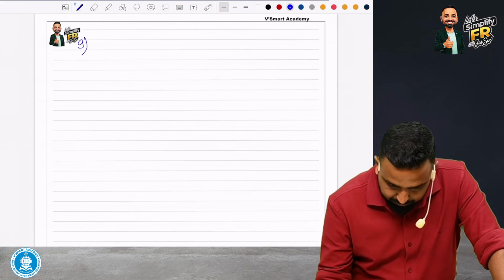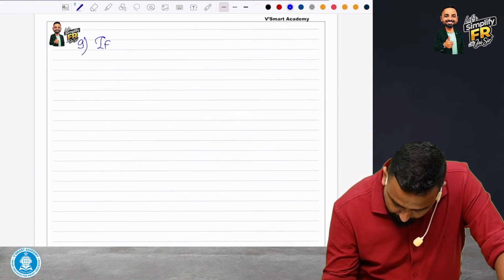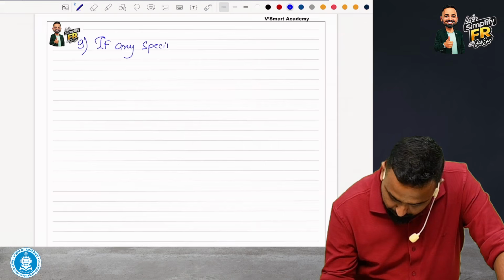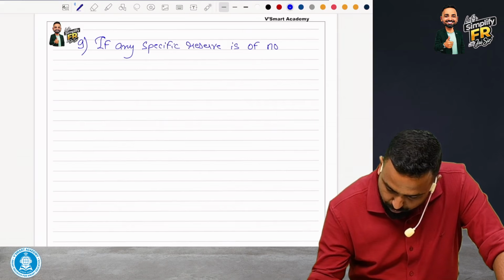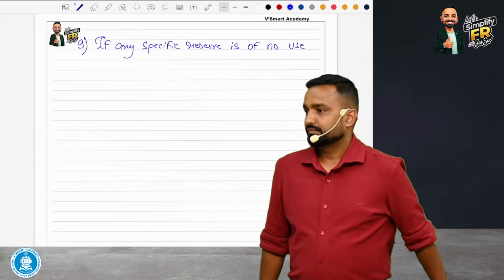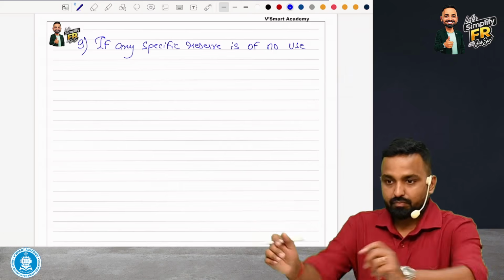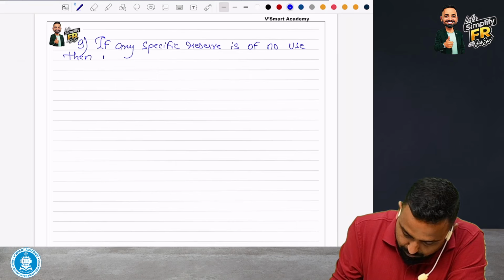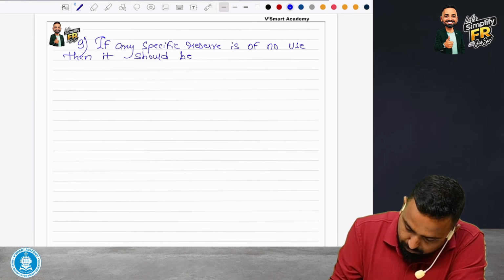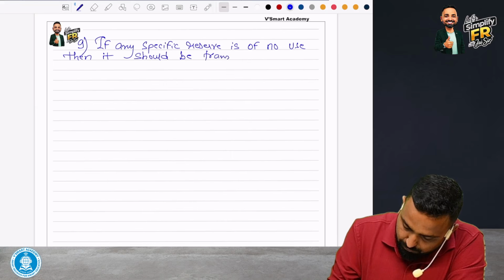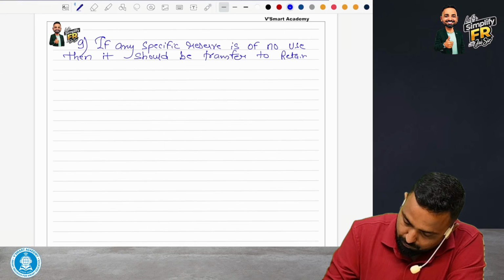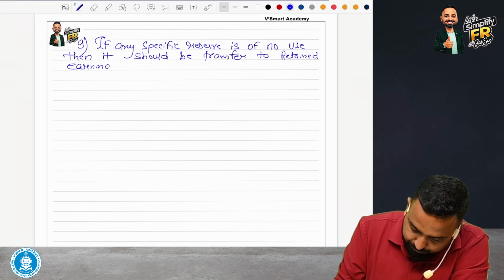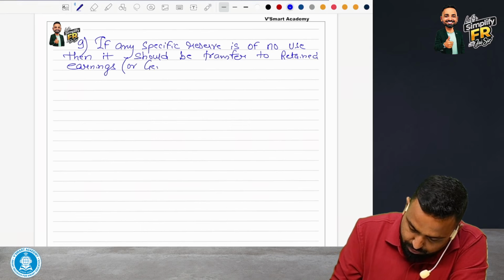Point number 9: if any specific reserve is of no use, then it should be transferred to retained earnings or general reserve.